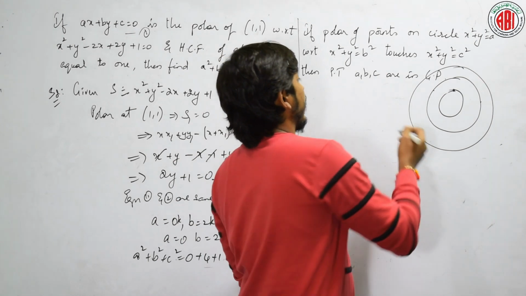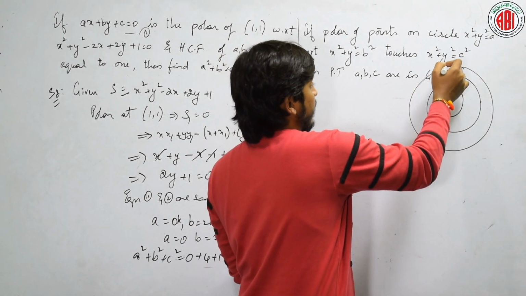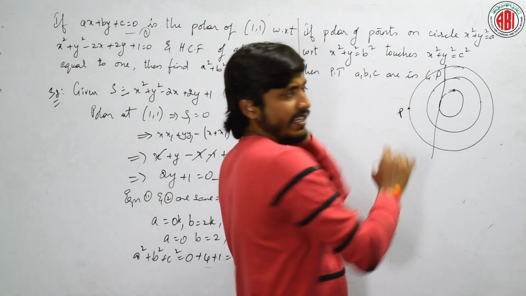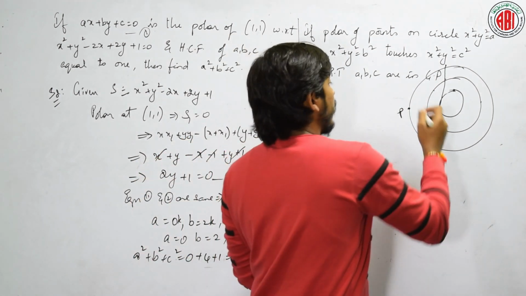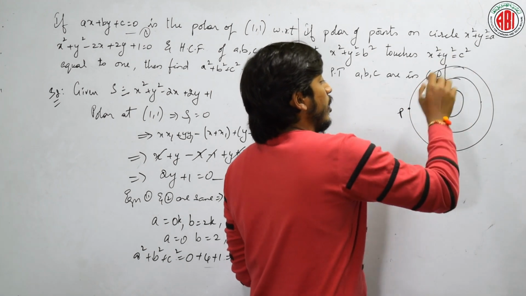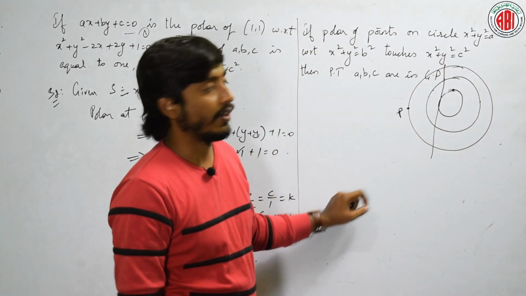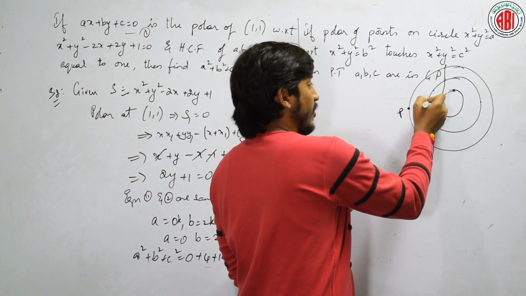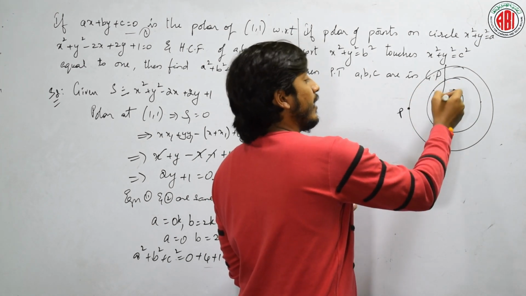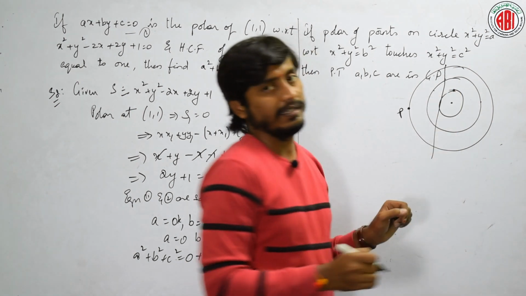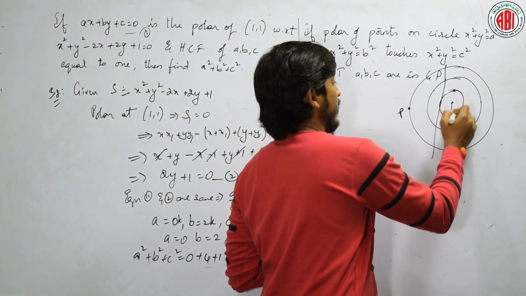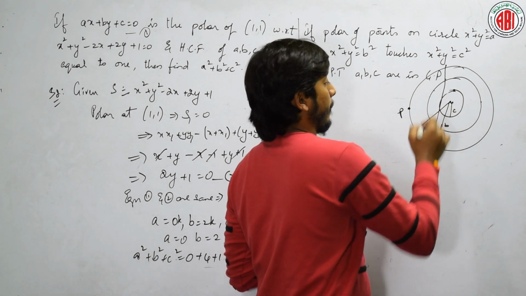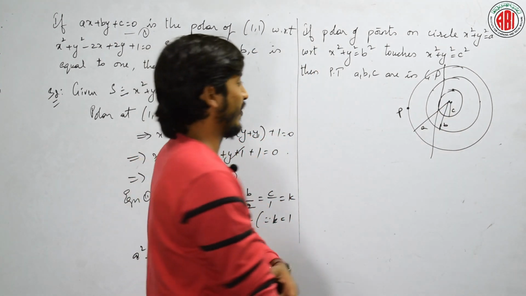Let us say this is a tangent and this is a point, let us take this as point P. From these points we can draw polars, which means the point is lying on the first circle, which is polar to the second circle, and which is touching the third circle. Let us say this has radius c, this has radius b, and this has radius a. Clear? Fine. Let us find out.